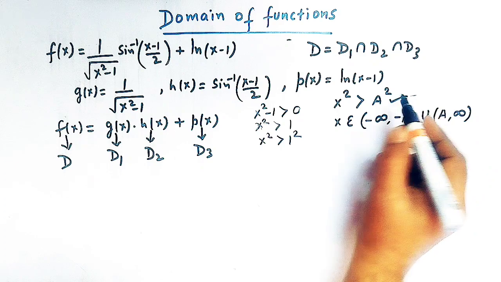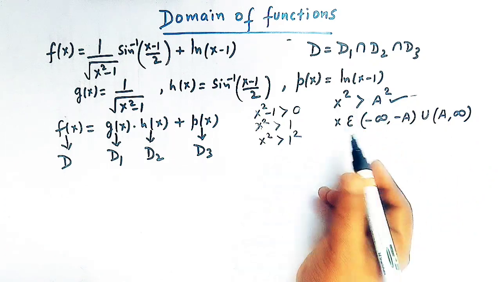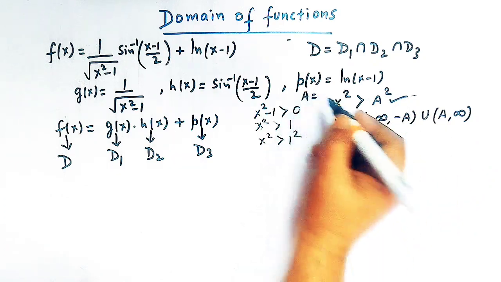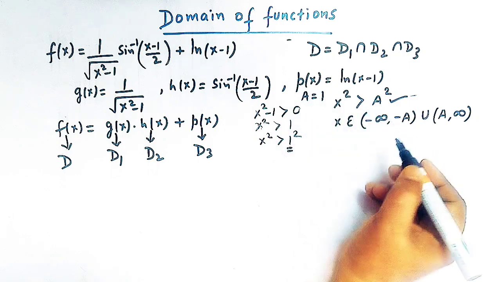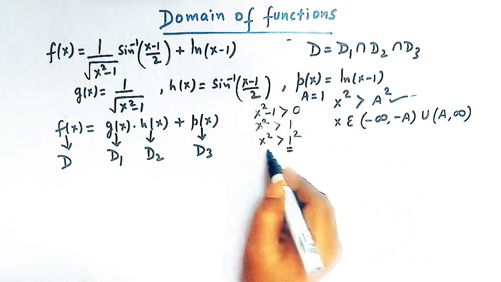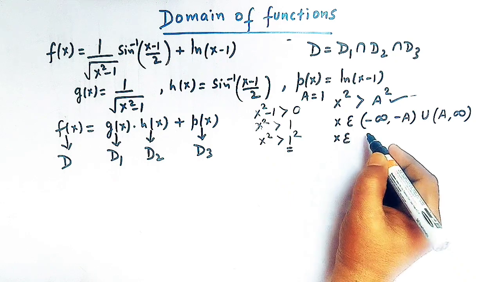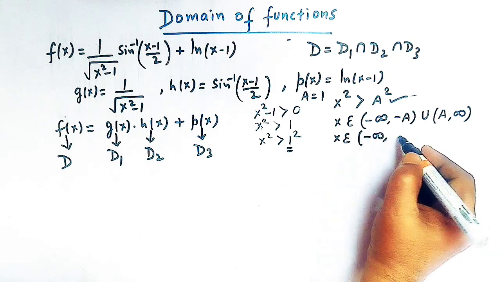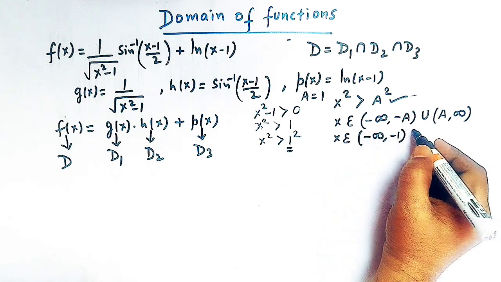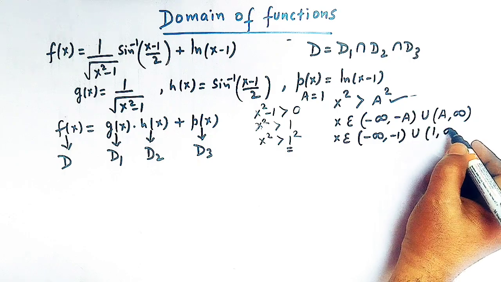And if we compare this inequality with this one, then the value of a is 1, right? So the solution of this inequality is given by minus infinity to minus 1 union 1 to infinity.